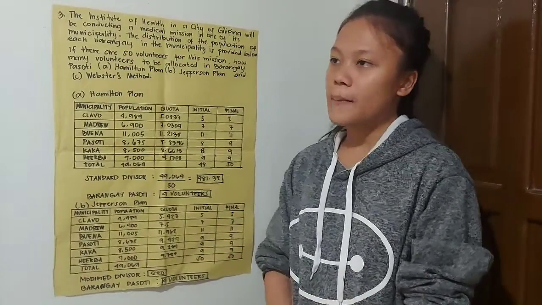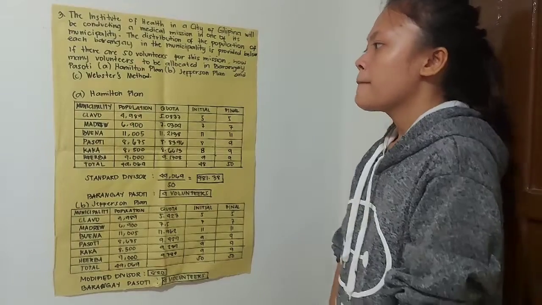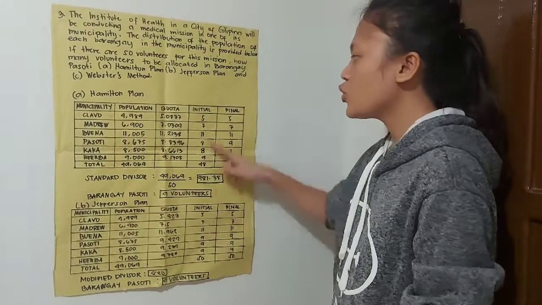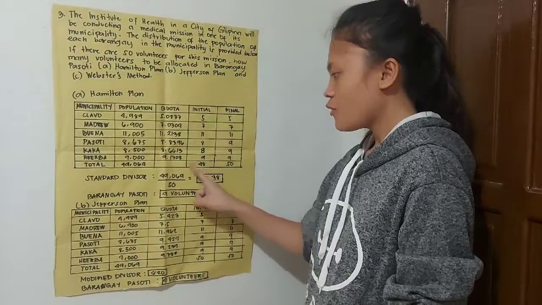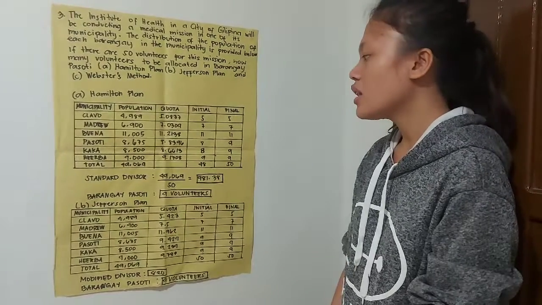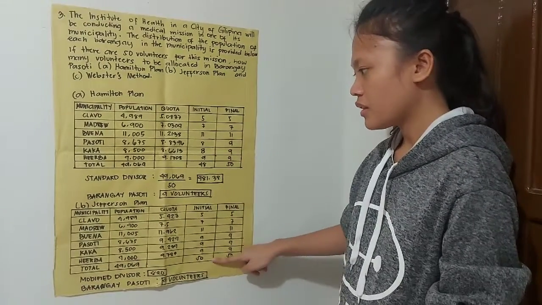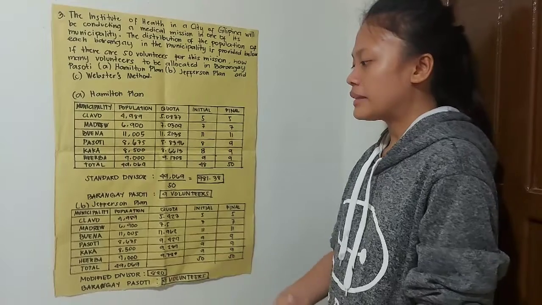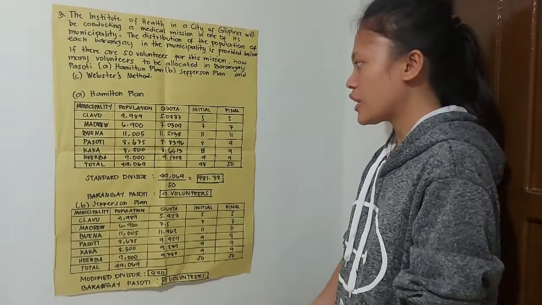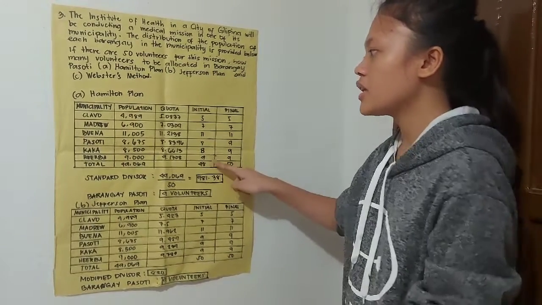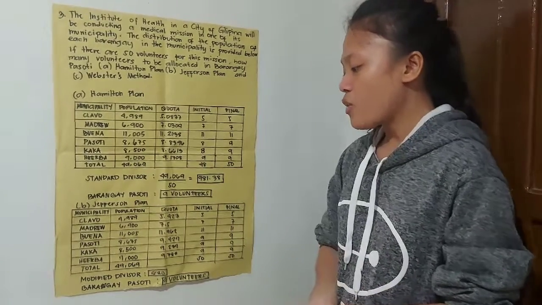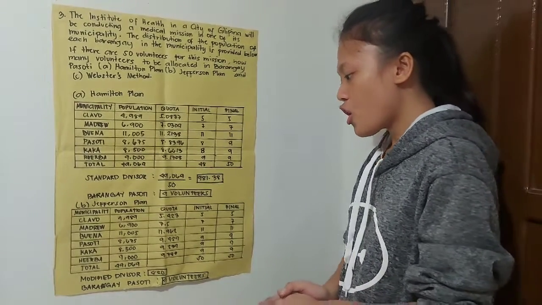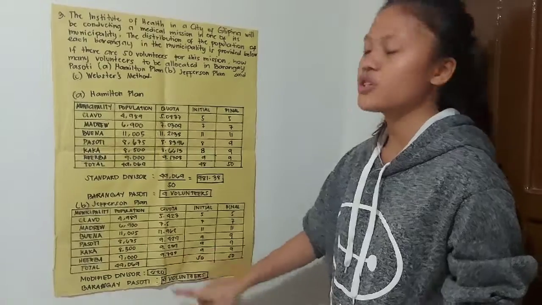The Jefferson plan is a bit different from Hamilton because we need to get the total number of 50 in the initial. Now that our standard divisor can only give 48 in our initial, we would find the modified divisor of the Jefferson plan.